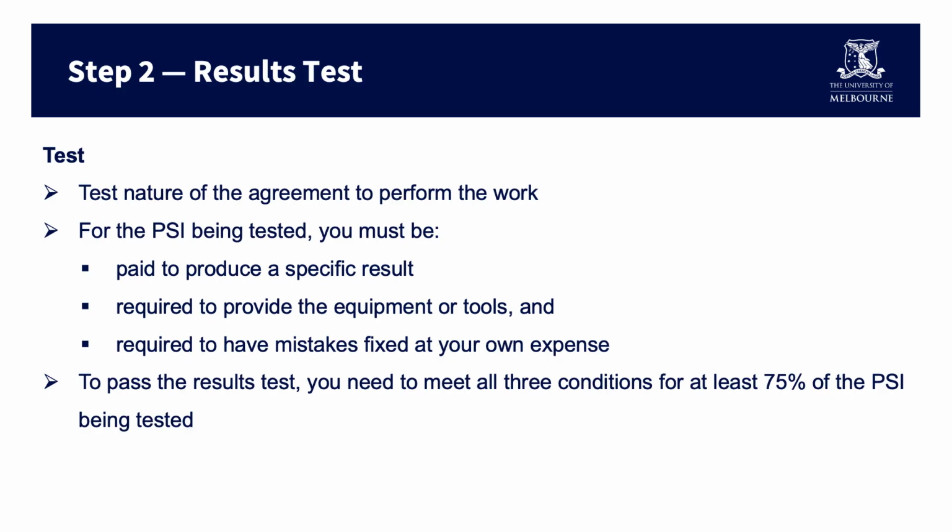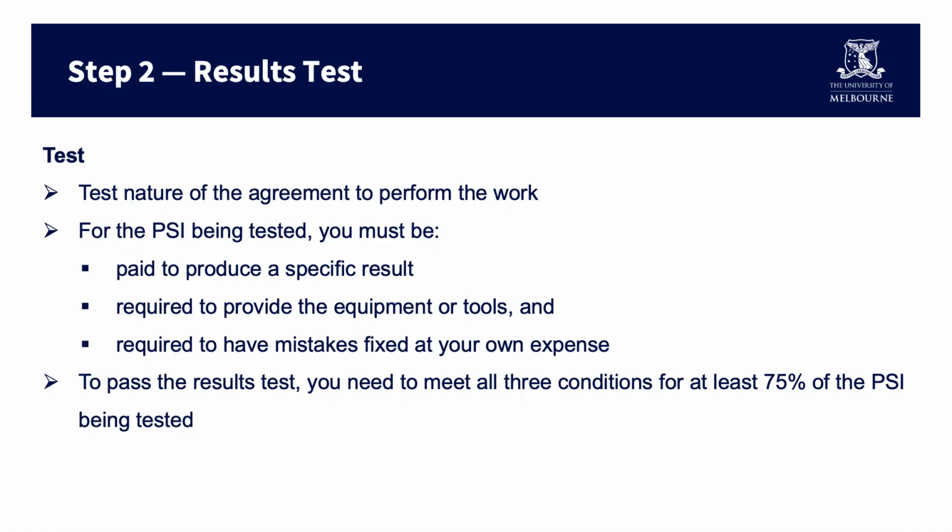The result test is used to test the nature of the agreement to perform the work. To pass the result test, you need to meet all three of the following conditions for at least 75% of the PSI you earn. You must be paid to produce a specific result, you are required to provide equipment or tools, and you are required to fix mistakes at your own cost.